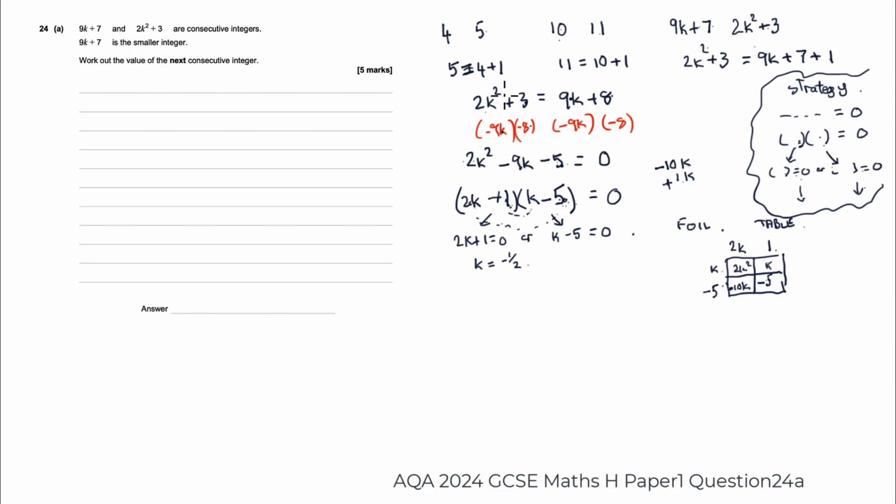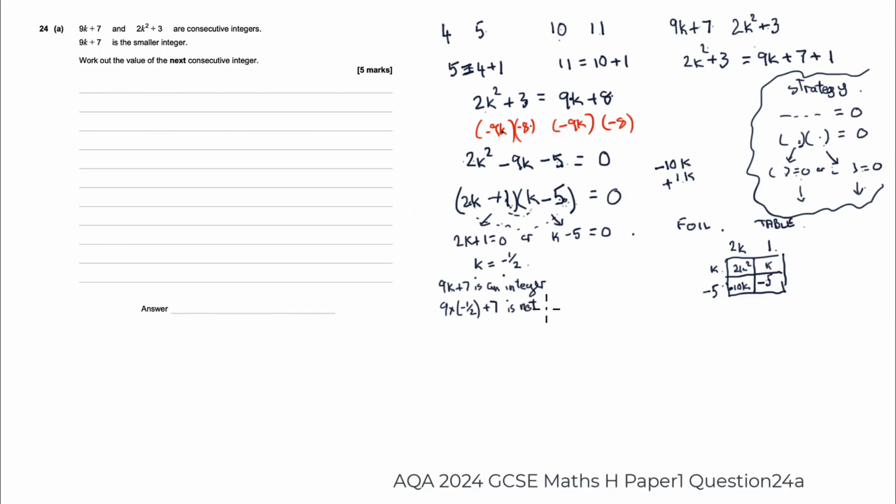Now these numbers up here are supposed to be integers. 9k plus 7 is an integer. So if we replace k by negative a half, that is not an integer.